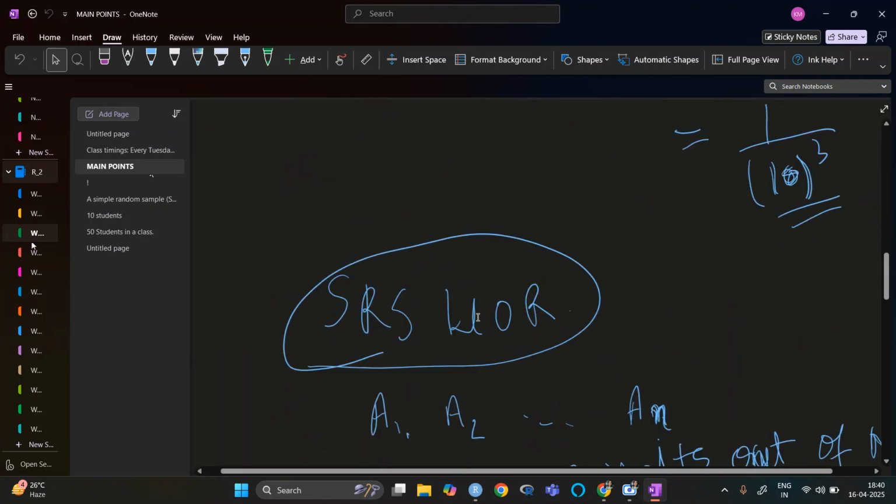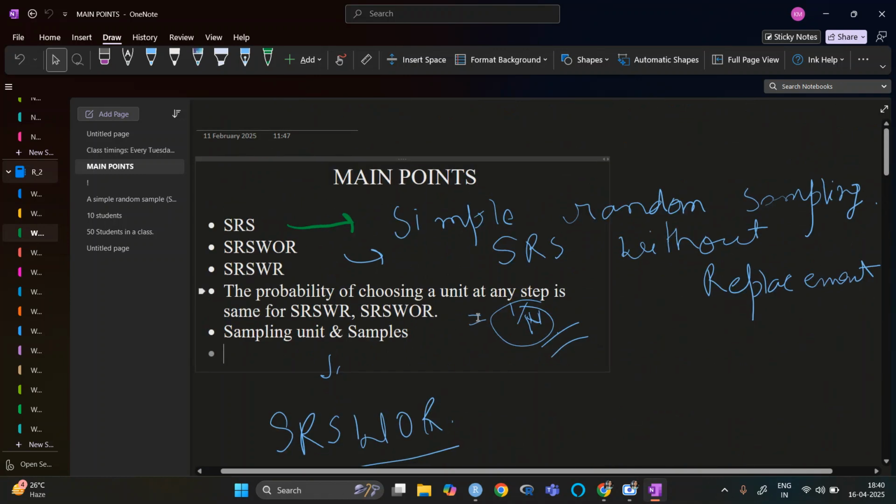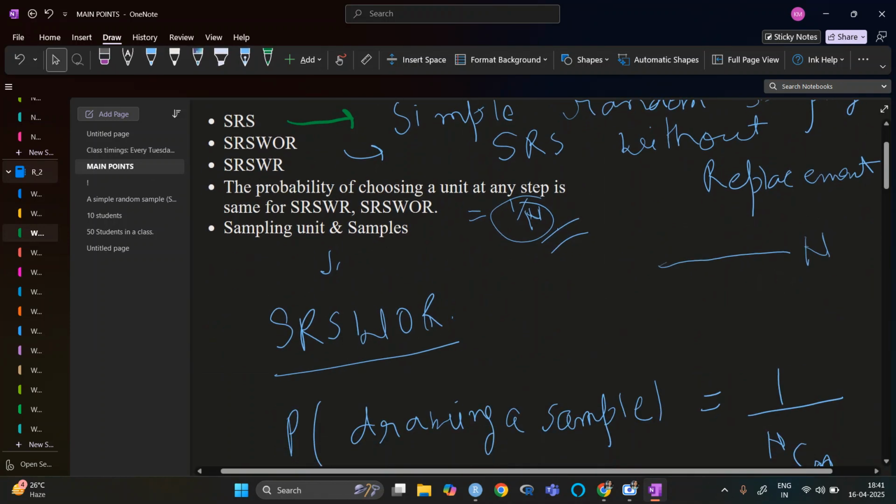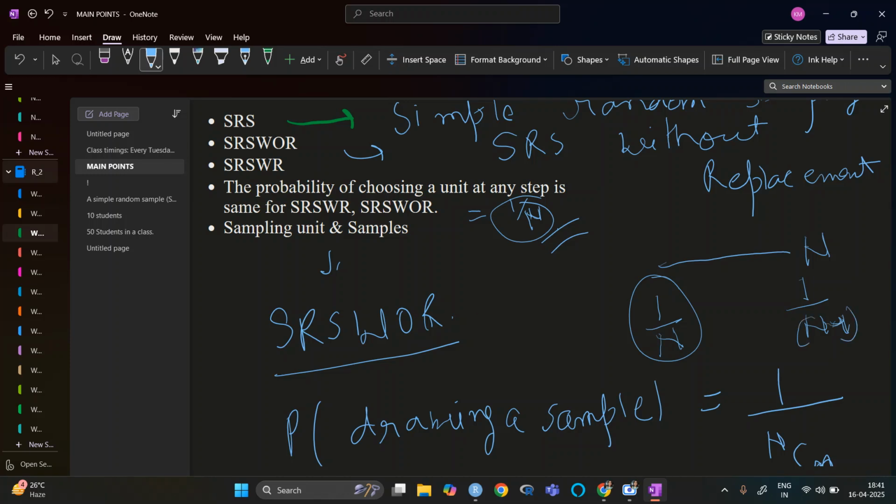So let's say currently you have n samples. The first time, the probability will be 1 by n. The second time, we think that probability has to be 1 by n minus 1, right? Because now there are n minus 1 elements.